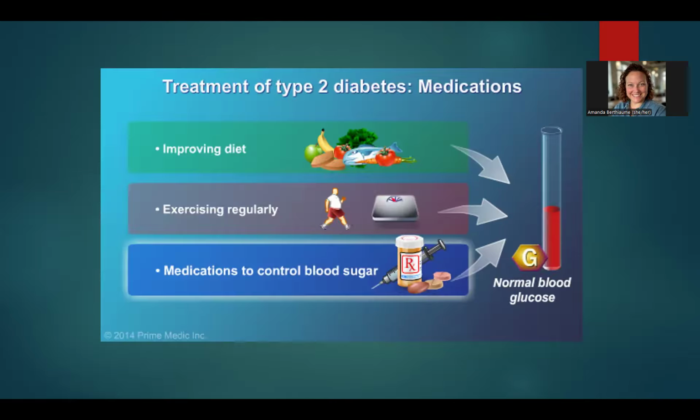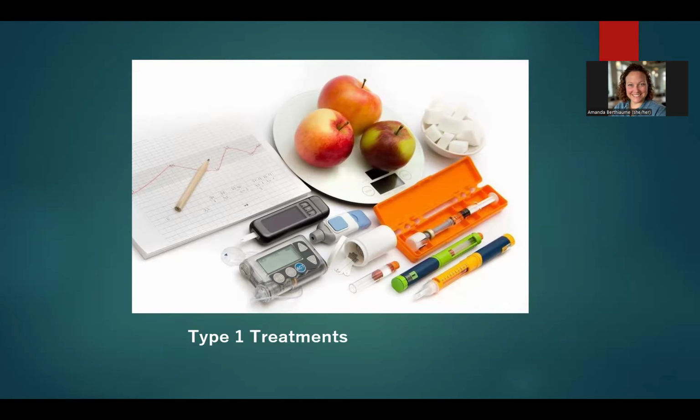There are a lot of treatments for folks who have type 1 diabetes and type 2 diabetes. Type 1 diabetes, again, is exercise and their nutrition, making sure that they're eating the proper amount of sugar and proteins and essential vitamins and minerals. They need to be testing often and staying within a good range.